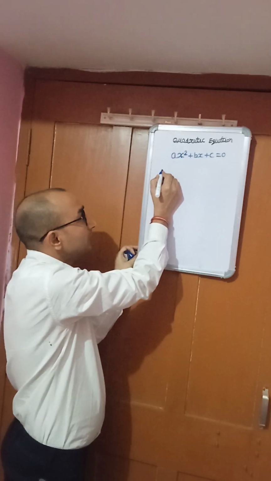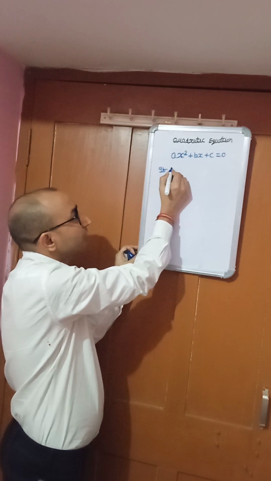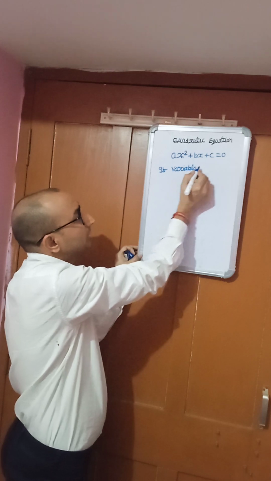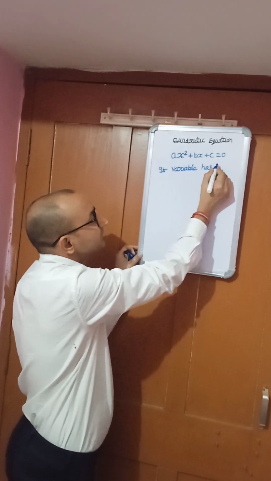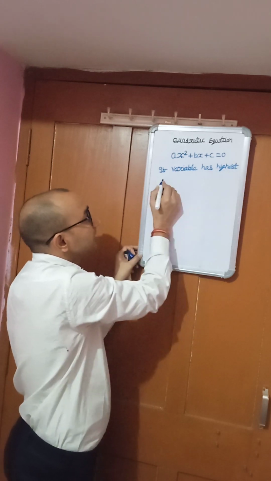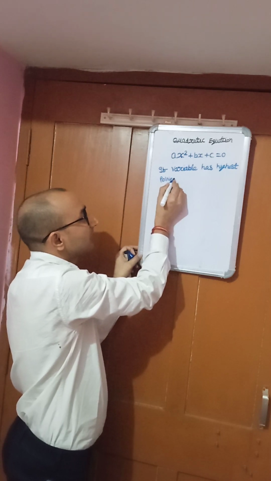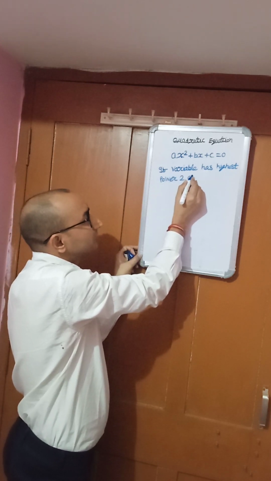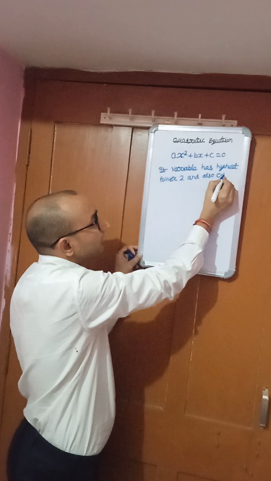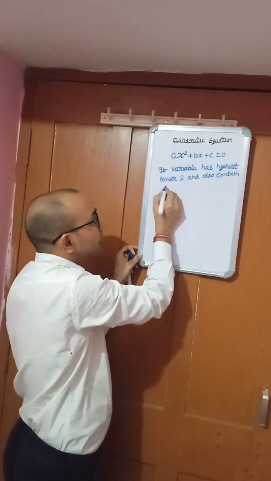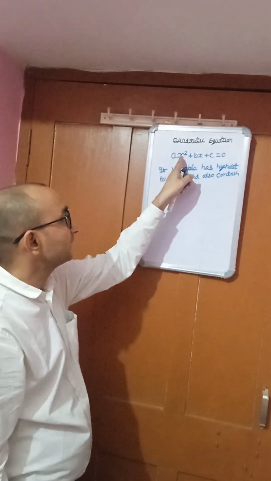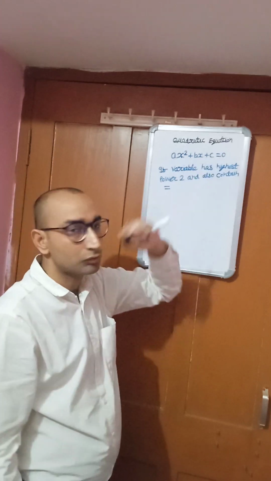Means if a variable has highest power 2 and also contains an equals to sign, see here, it has variable with highest power 2 and it also contains an equals to sign.